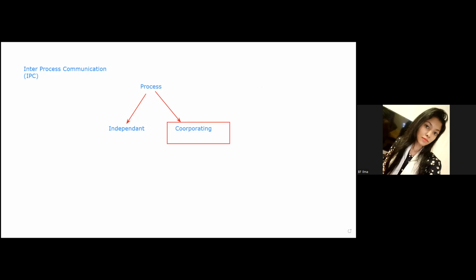When we consider cooperating processes, there are basically two ways that two processes can communicate. The first method is shared memory, and the second one is message passing.